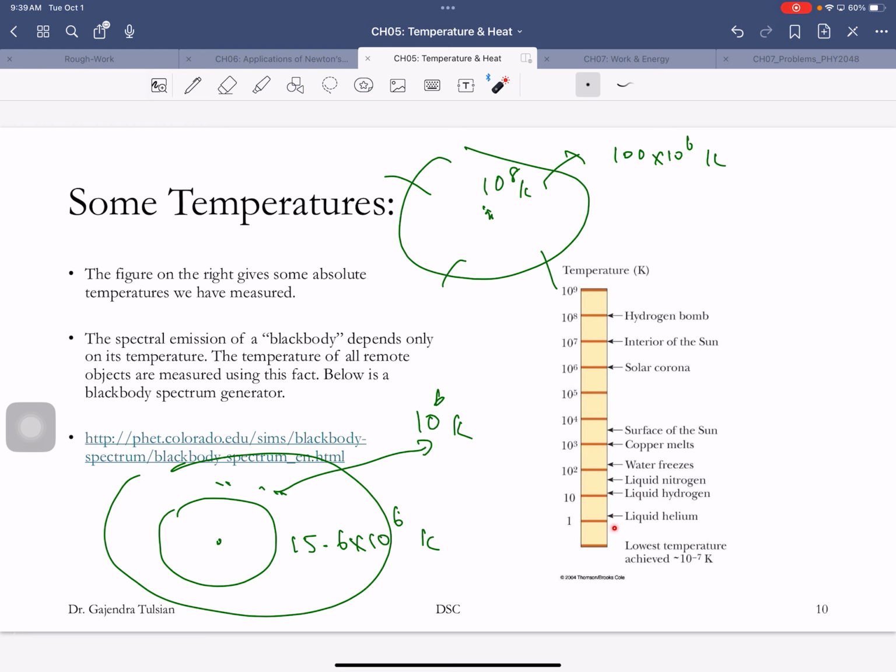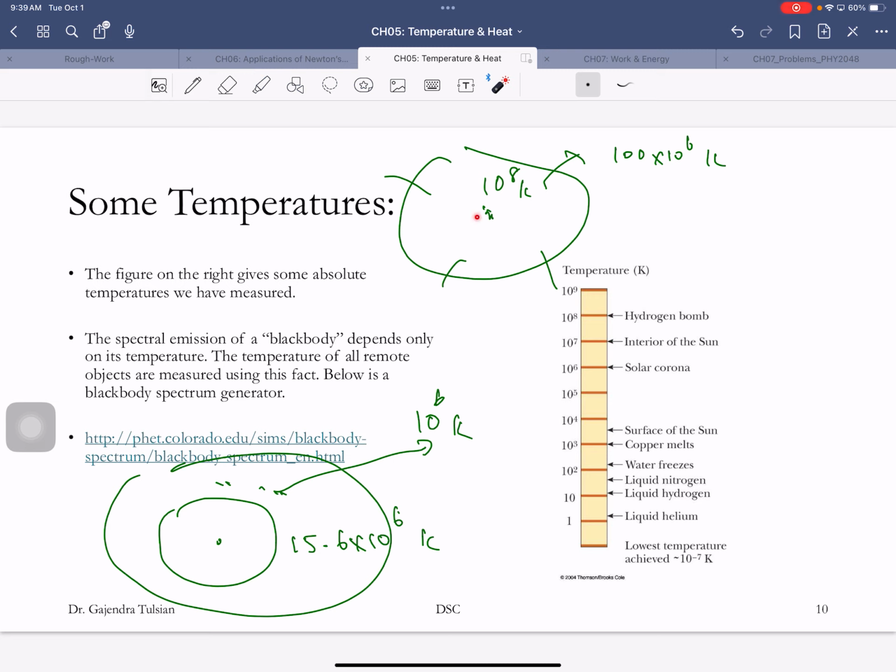Here are some temperatures we measured. The interior of the sun is 15.6 million degrees Kelvin. There's the temperature at the center of a hydrogen bomb explosion, 100 million degrees Kelvin.